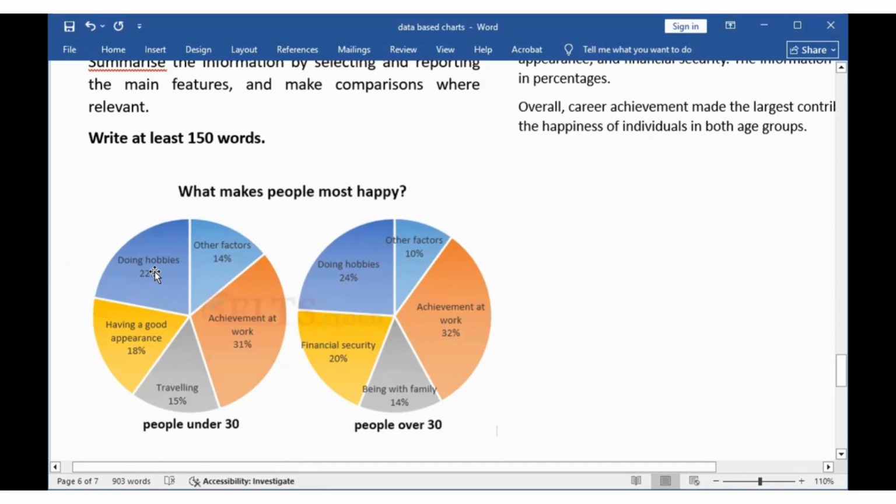That's better. Whereas the fraction of people above 30 years who are happy because of doing hobbies is 24%. That's better than saying that doing hobbies reduced or increased.